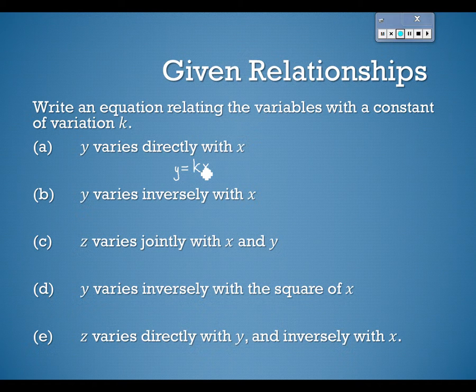All right. B, Jesse. Right away when someone says Y varies inversely with X, you think Y equals K over X. Very good. This is just testing you, okay? Right away when someone says Z varies jointly with X and Y, Nathan, what do you write down?